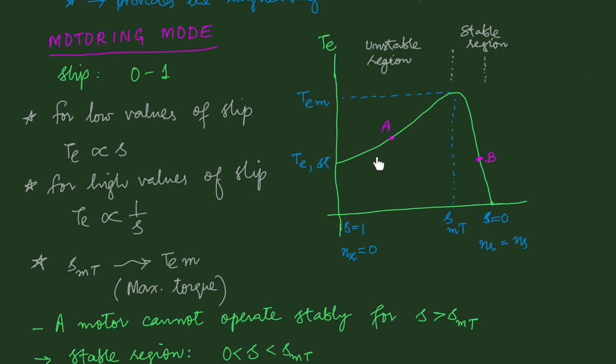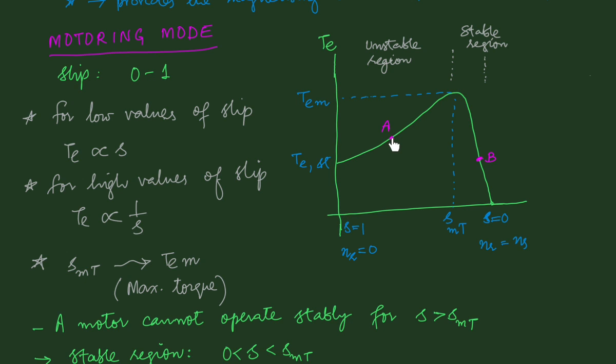The other region, where the torque increases with increasing speed, on this side, if we move towards right, the speed is increasing, the torque increases with increasing speed, and this region is the unstable region of operation. To understand this, let's consider that the motor is in equilibrium at a point A, and it operates on this portion of the torque speed characteristic.